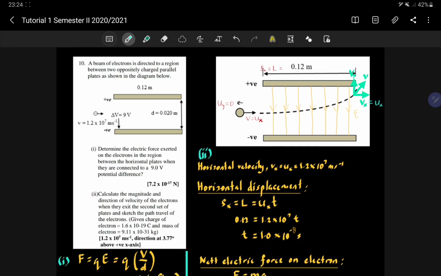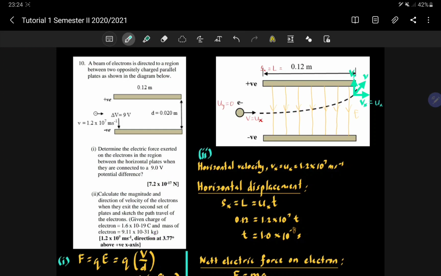And the info given here is just the charge of electron, which is 1.6 times 10 to the power of negative 19 coulomb, and the mass of electron, which is 9.11 times 10 to the power of negative 31 kilogram.